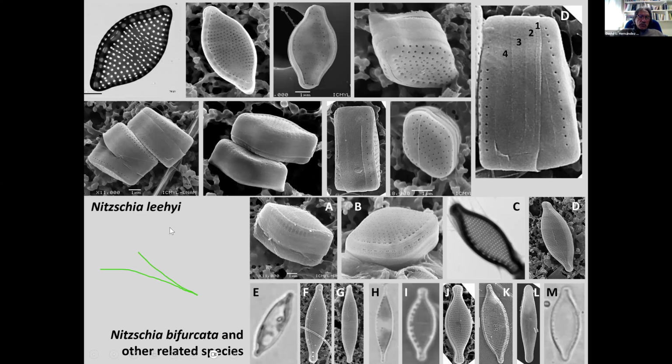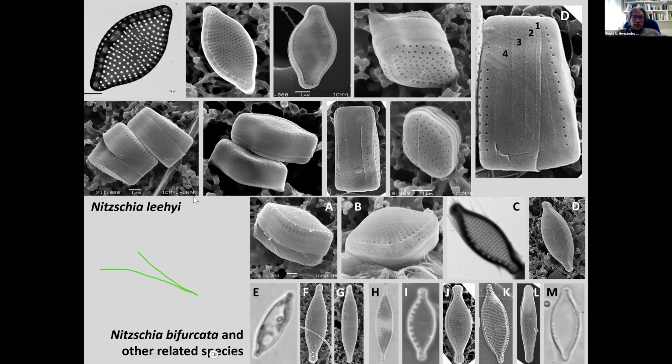So we are approaching the pennate diatoms with a raphe, including Nitzschia leyi, which is a very, very small species, very common in tropical and subtropical environments. It can be important in densities, but it is very small, and sometimes it is very difficult to separate from other species like Nitzschia bifurcata and some others like bicapitata and more.